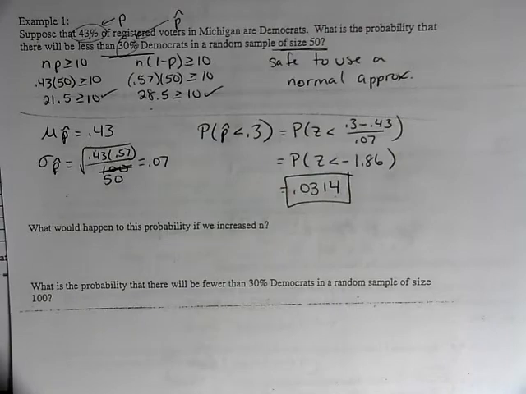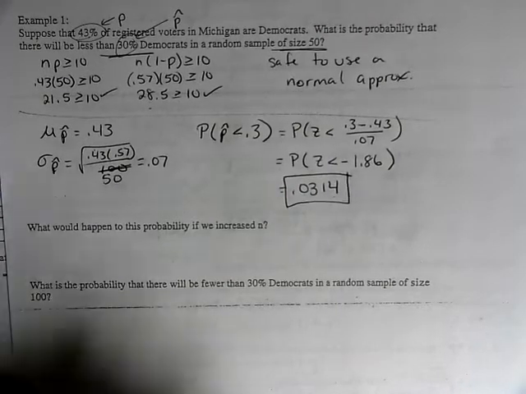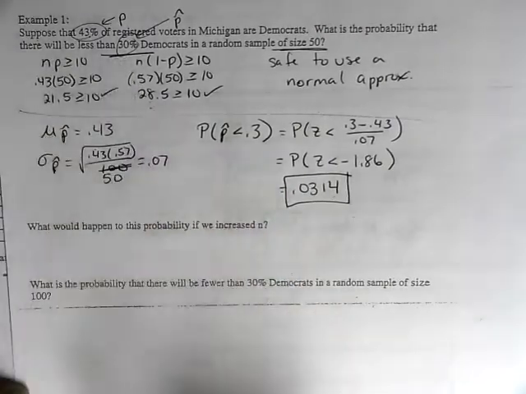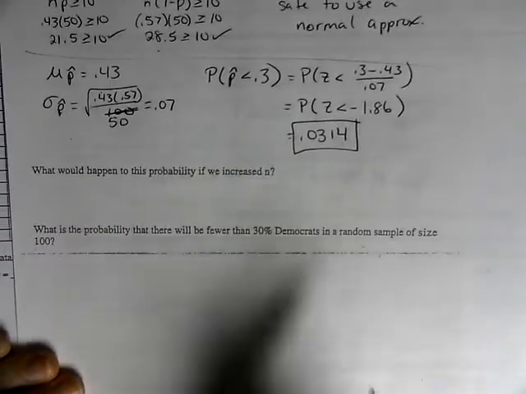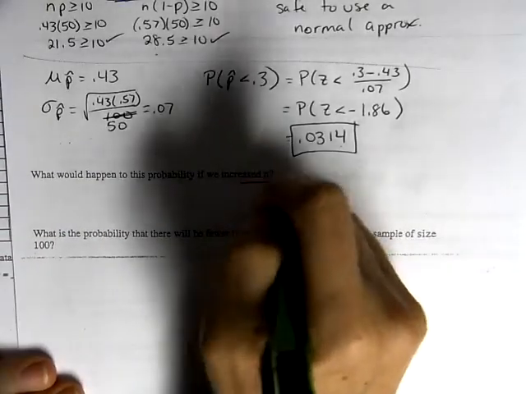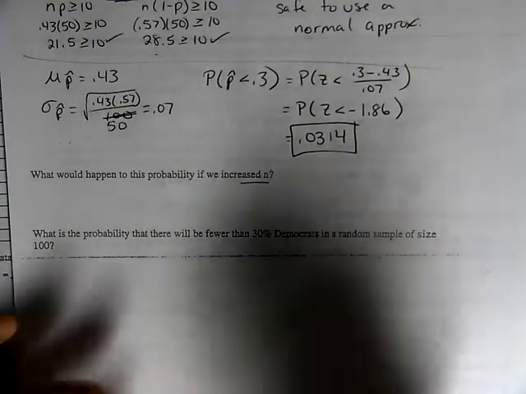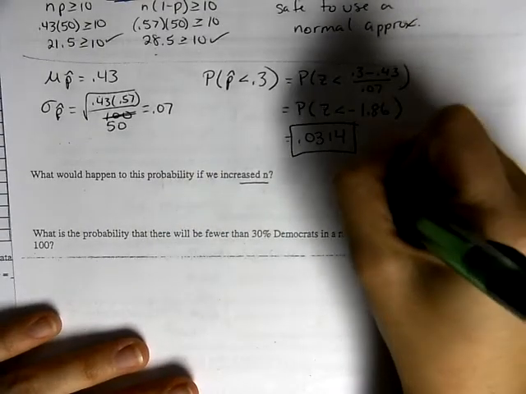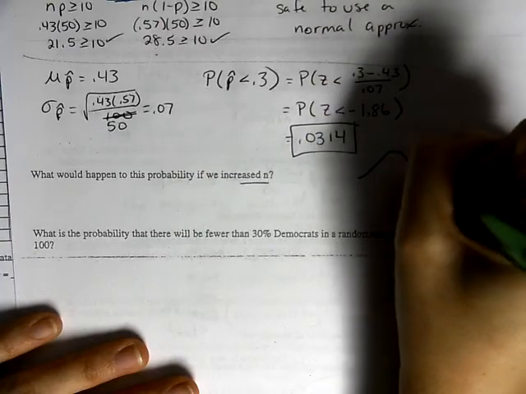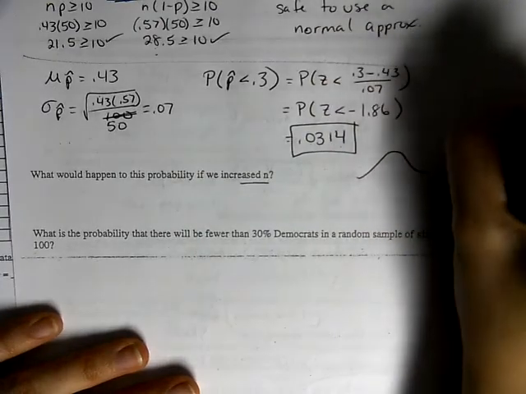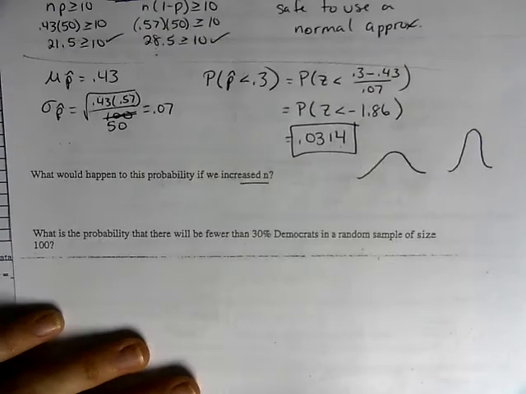Which kind of makes sense. If 43% is your true value and you get 30%, sort of makes sense. What would happen to the probability if we increased n? So we sort of talked about this before, but we really only did it with an in-between. Remember, the bigger your sample size, the less variability there is.